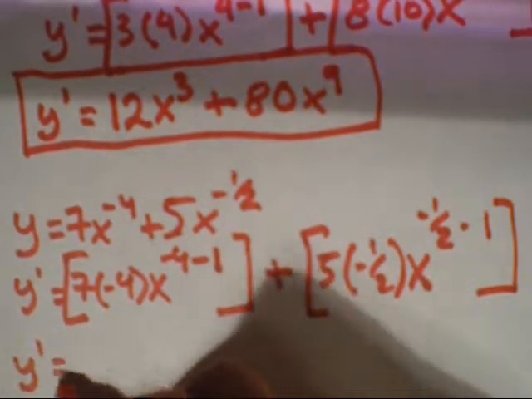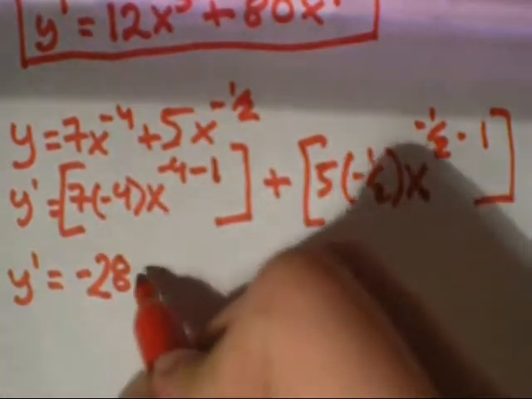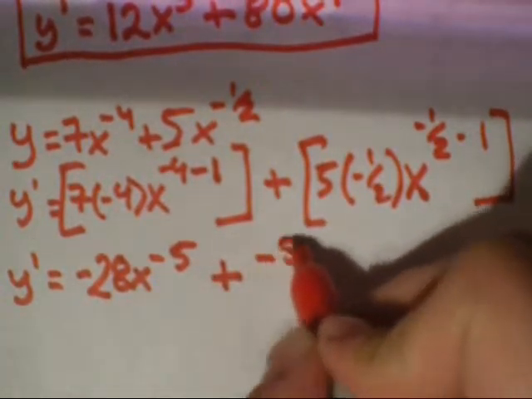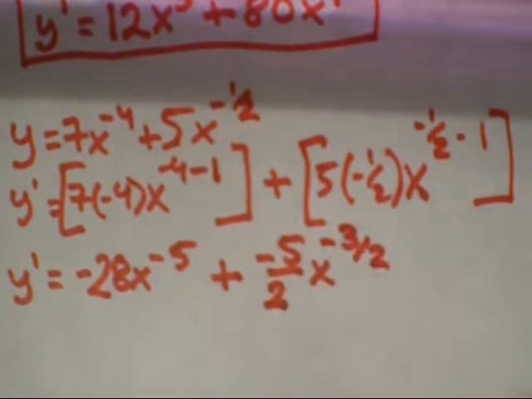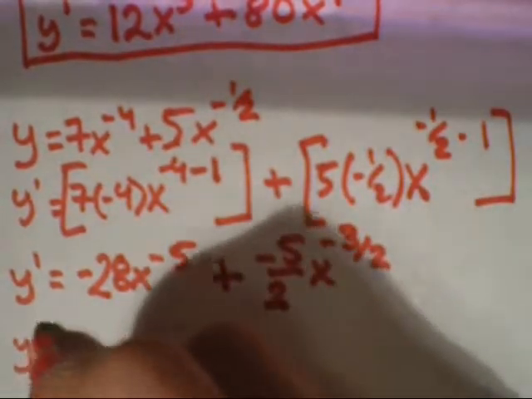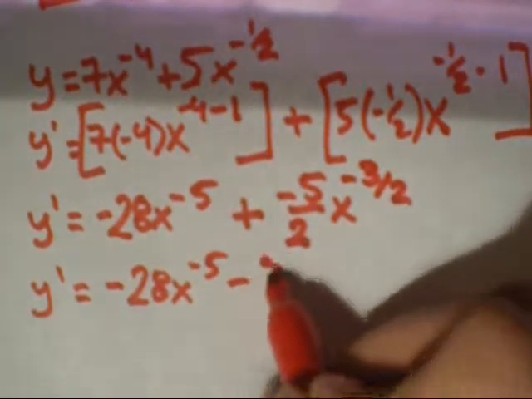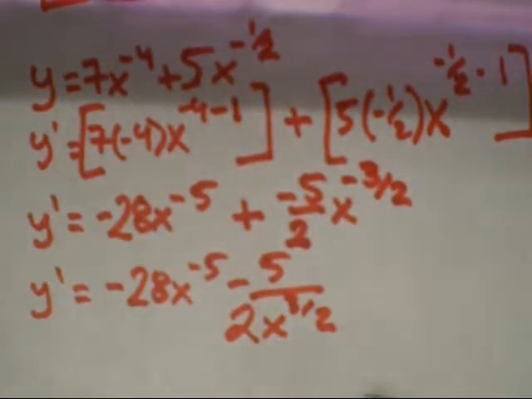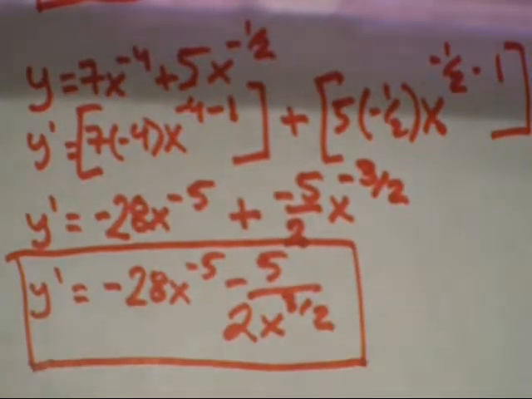So then if we simplify that, we get negative 28x to the negative 5 plus negative 5 halves x to the negative 3 halves, which would finally end up looking like negative 28x to the negative 5 minus 5 halves x to the negative 3 halves, if you want to simplify it that far. So our final answer would be this. As you see, it's not that complicated.